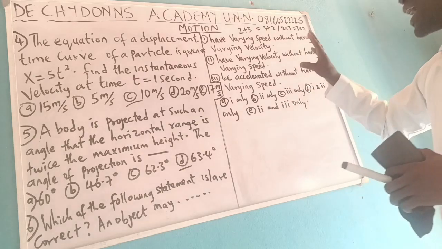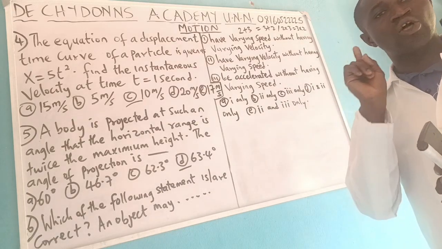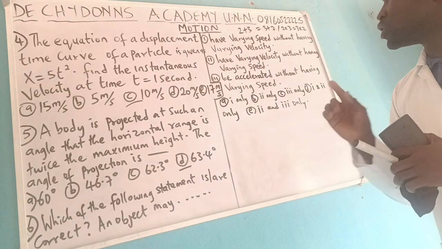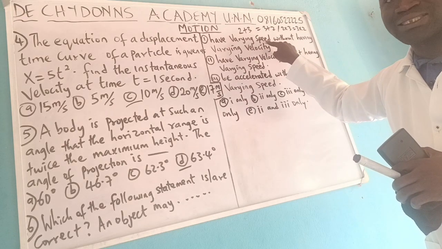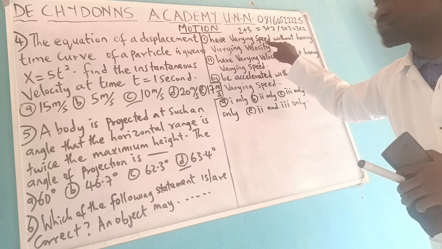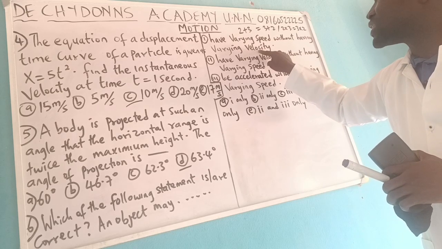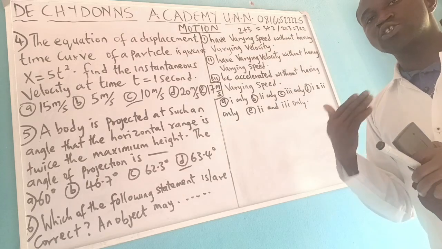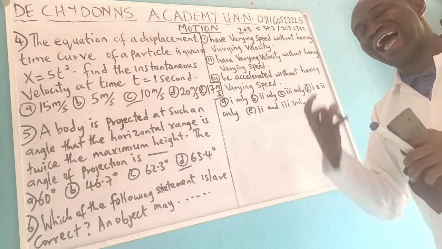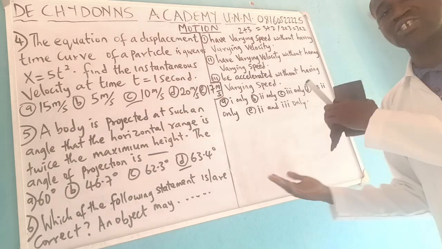For you to understand this, remember the principle of vectors and scalars. We noted that speed is always constant. It doesn't vary. And velocity varies because it is a vector. We said that velocity of a body is a vector because it has magnitude and direction, and so the direction can change.